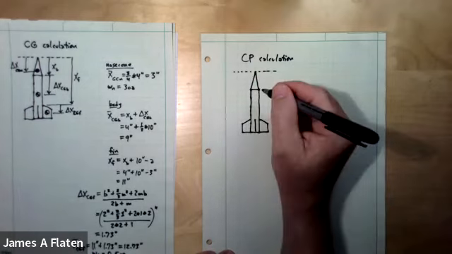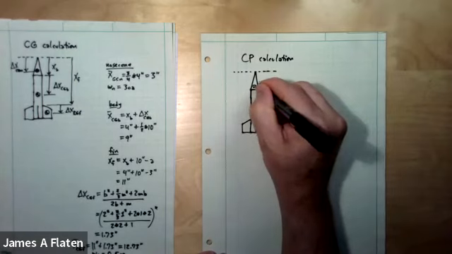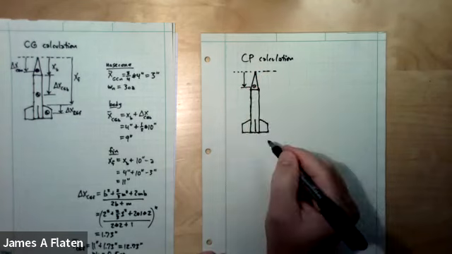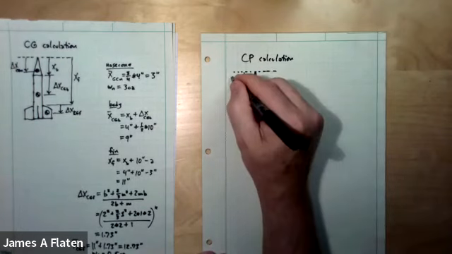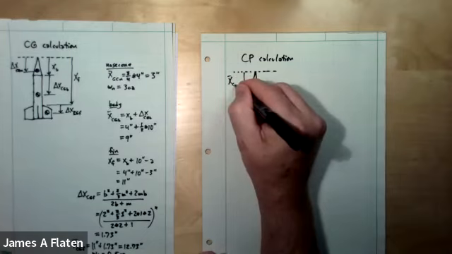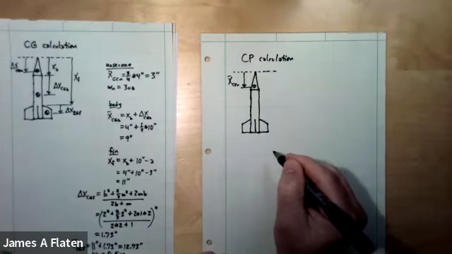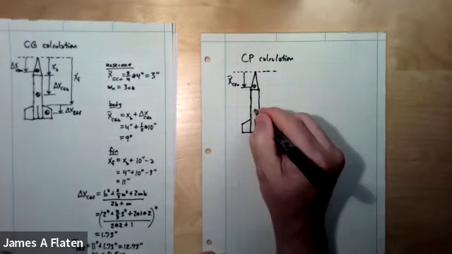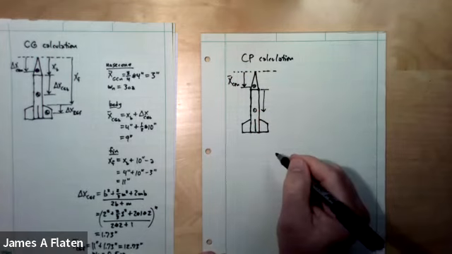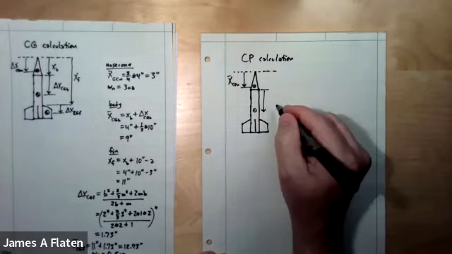So in this case, I'm interested in how far it is to the center of pressure for the nose cone. So I'll call that X CP nose cone. How far is it to the center of pressure from the top of the body?